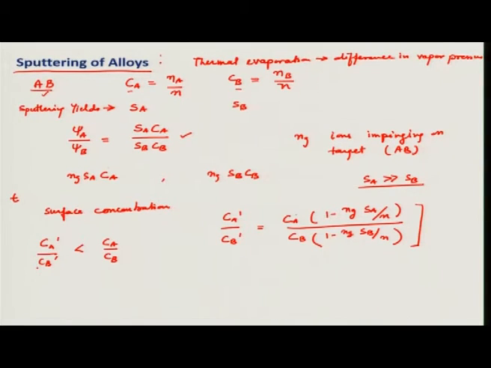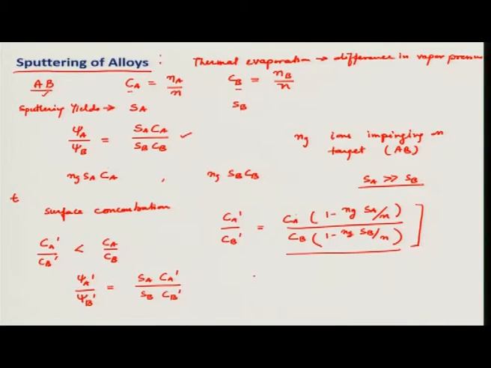So if we calculate the flux again from this composition, we will see that psi A dash over psi B dash will be equal to Sa Ca dash over Sb Cb dash. Now the sputtering will depend on the new composition, where Ca dash over Cb dash is this expression.